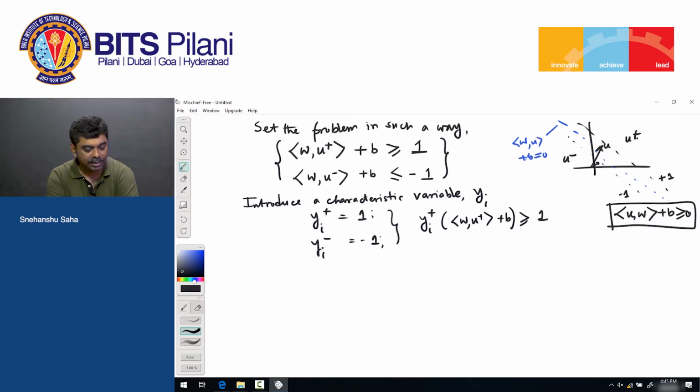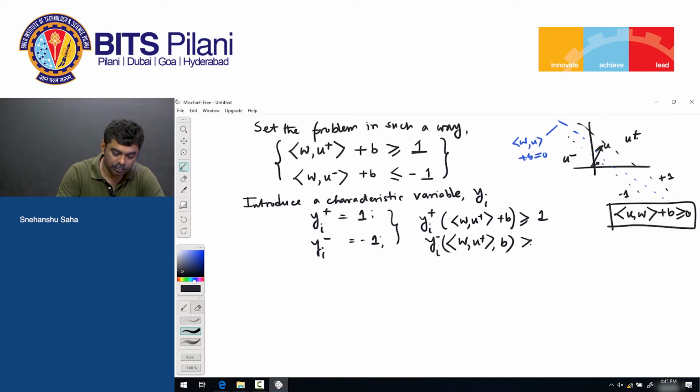However, in the second inequality, if I multiply by yi minus, because yi minus equals -1, the -1 and -1 makes it a plus. What I wanted was a uniform decision rule for both positive and negative training examples. By introducing a characteristic variable yi, I am able to accomplish that. So I have a uniform decision rule now.